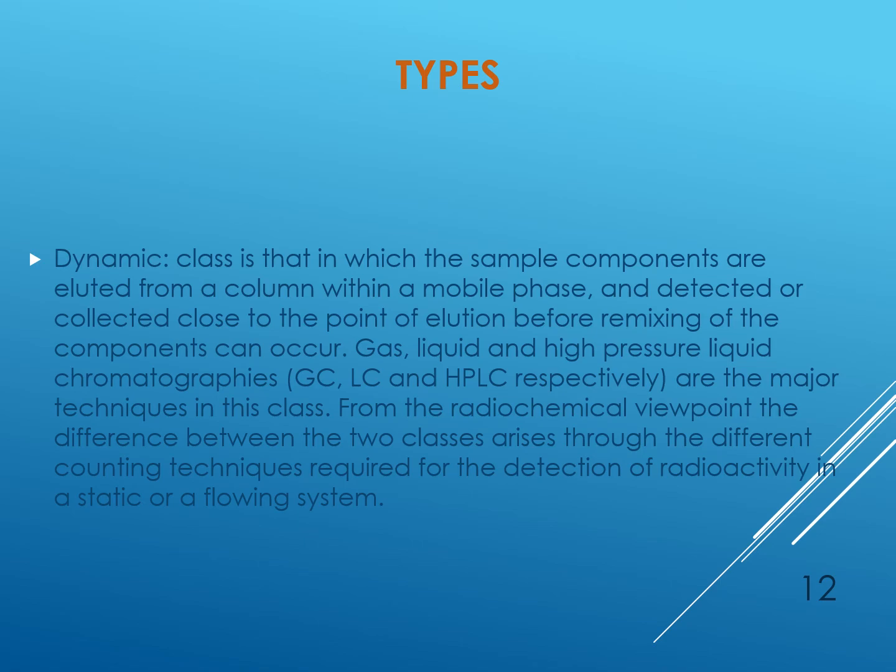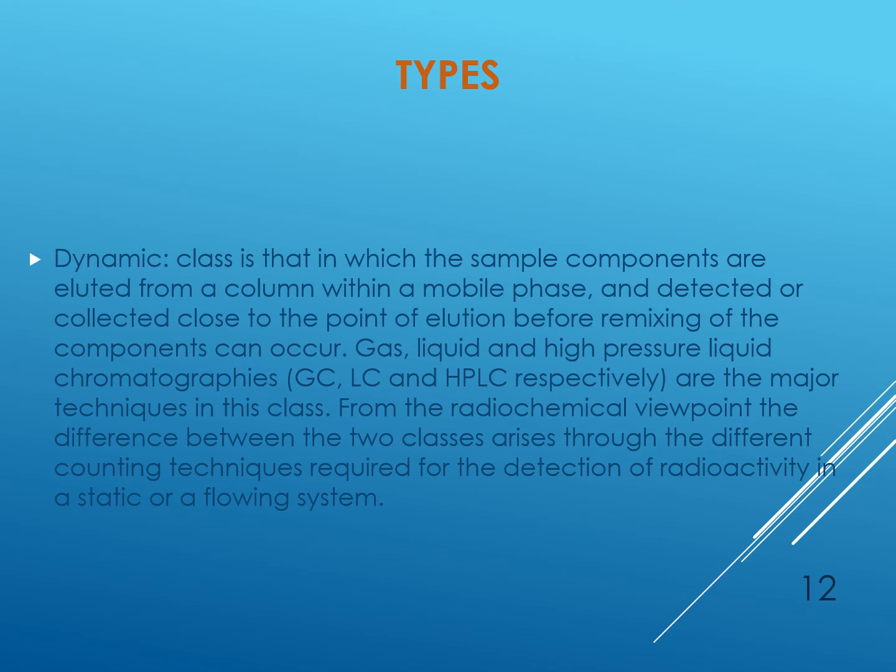Now, if we discuss the basic concept of dynamic type of chromatography, in this class the component mixtures along with the mobile phase move over the column in which the stationary phase is present.